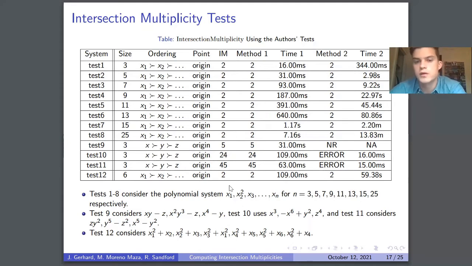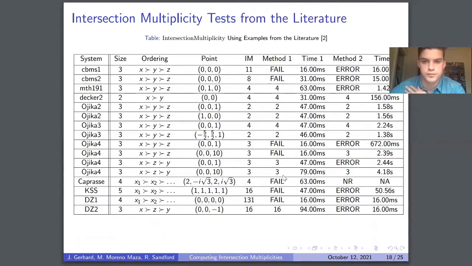And then test 12, we have a slightly more complex input system. So we have 6 variables, but the polynomials are not just variables, they're more complex, and it basically accelerates that difference in performance. And you see the second algorithm takes a minute, whereas the first one still just takes 100 milliseconds. So we get some pretty big speed up here.